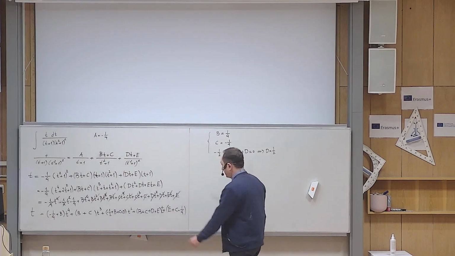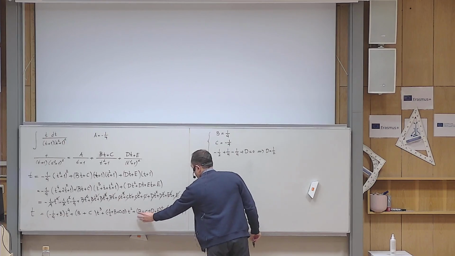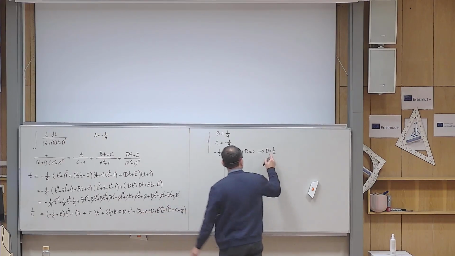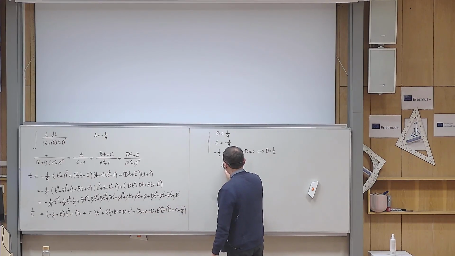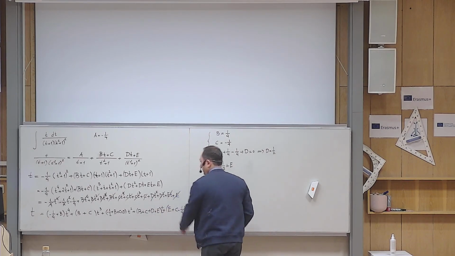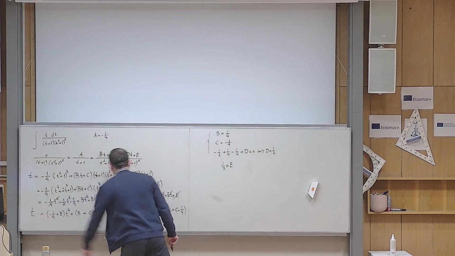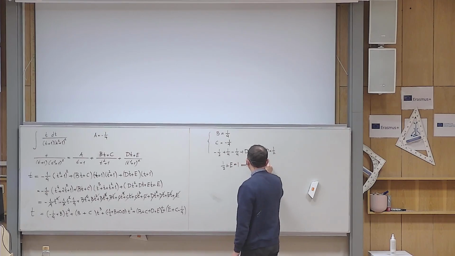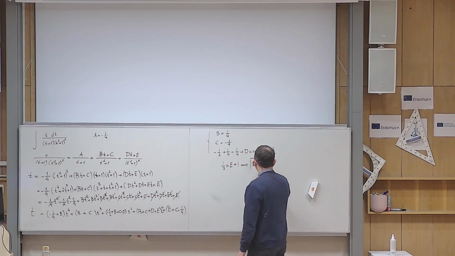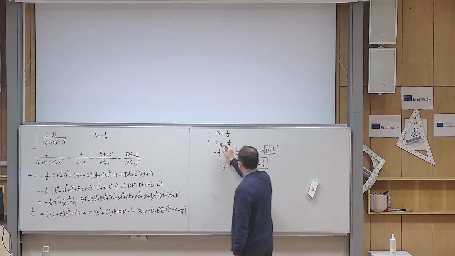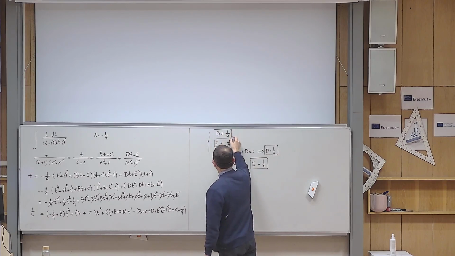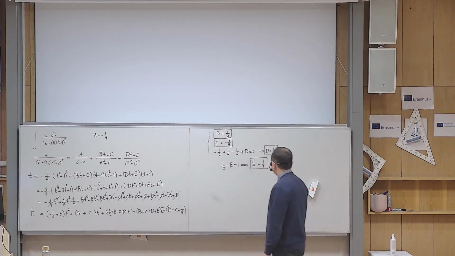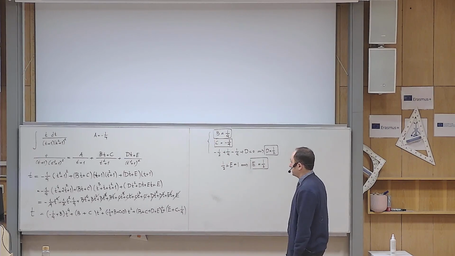So let me write it here. So this plus that is already 0. D is 1 over 2. E is still not known, but because this is the coefficient of t, that should be 1. So this is 1. So again, this gives me, of course, e is equal to 1/2. Yes, so these are the numbers that I have got so far. And then these are all 4 variables that I needed.